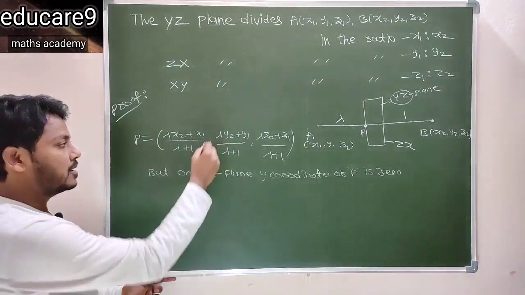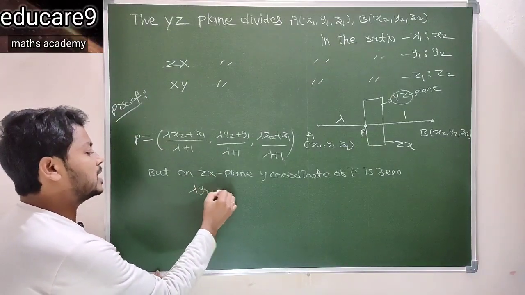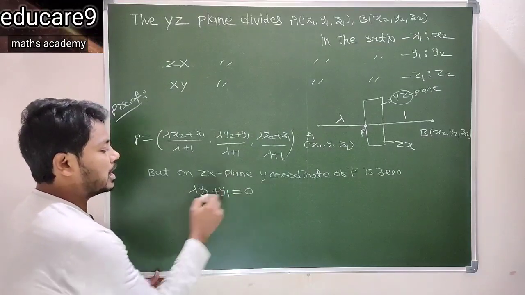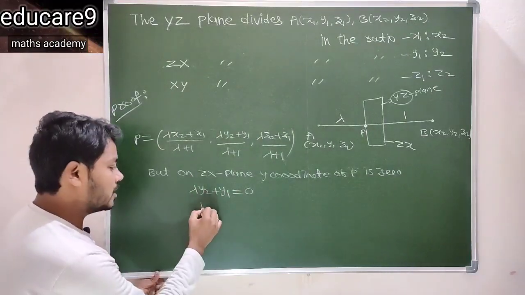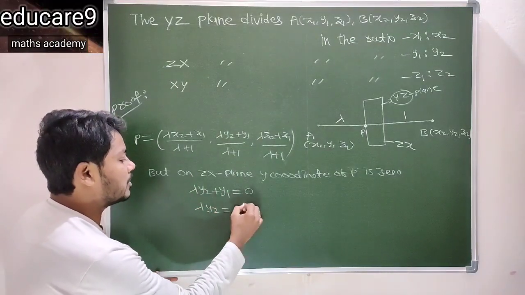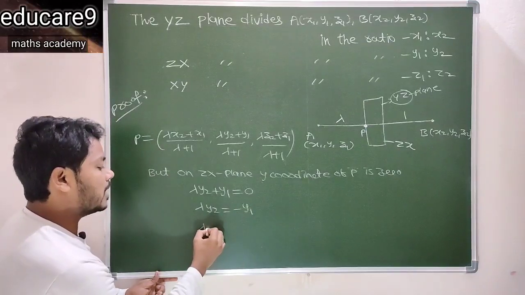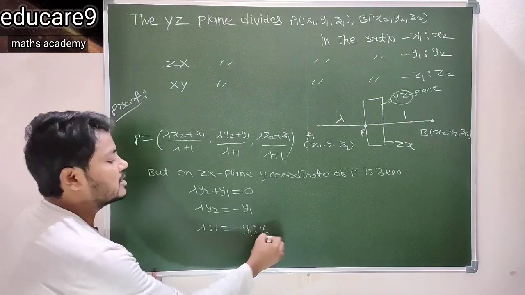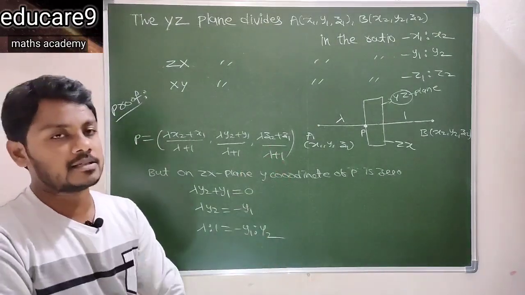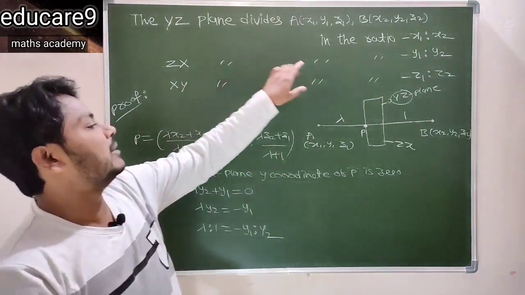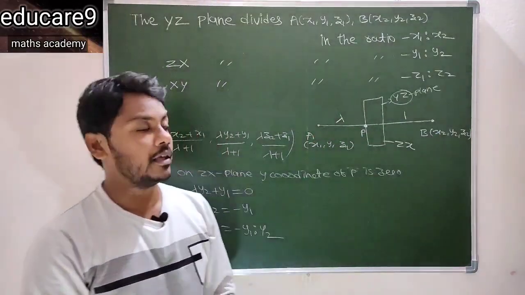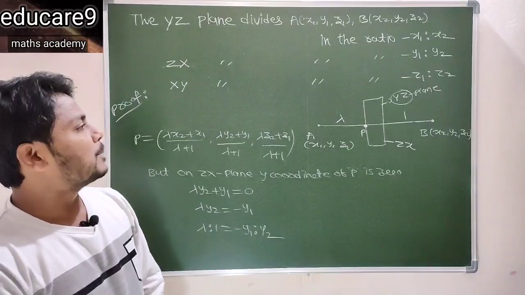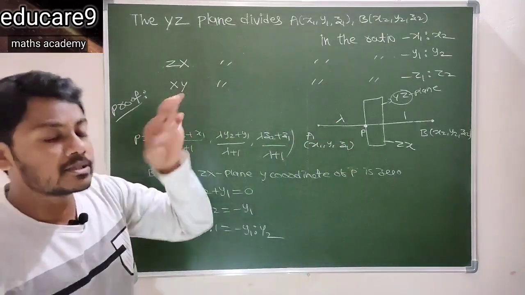So (lambda y2 plus y1) by (lambda plus 1) equals 0. That is lambda y2 plus y1 equals 0, so lambda y2 is equal to minus y1. So lambda is to 1 is equal to minus y1 is to y2. Clearly from this we can say that the zx plane divides the line segment AB in the ratio minus y1 is to y2.